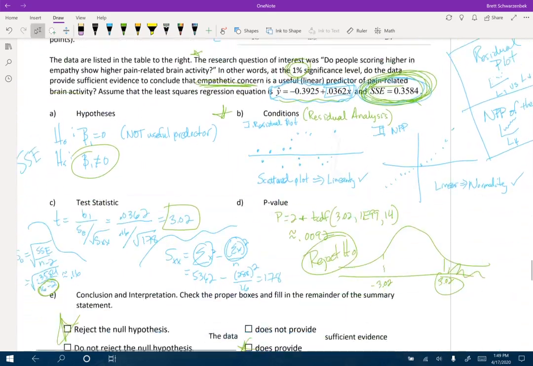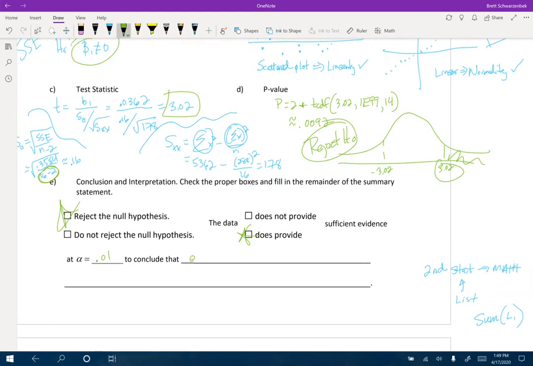So we would conclude that empathy is a useful linear predictor of pain-related brain activity. Okay, so that would be it.